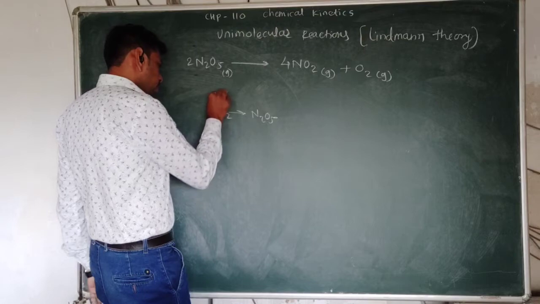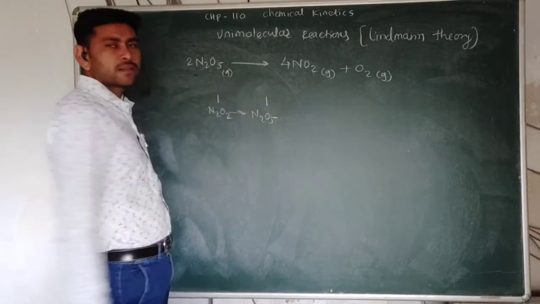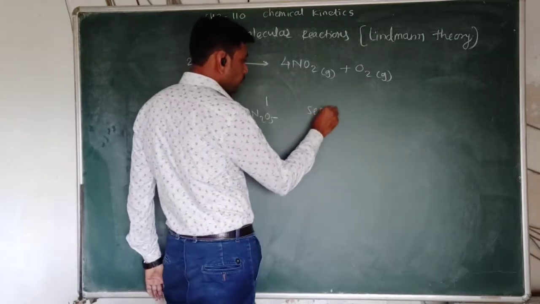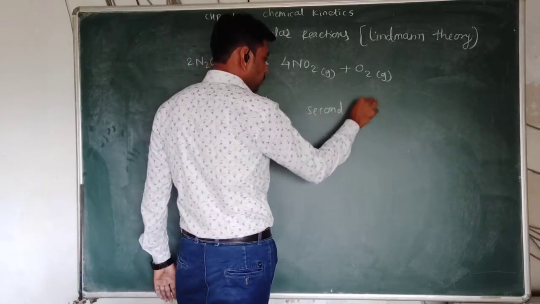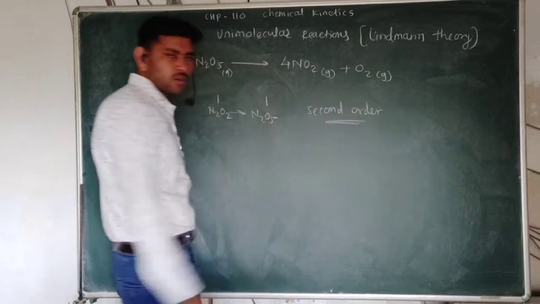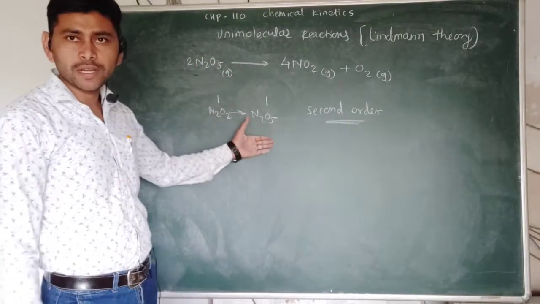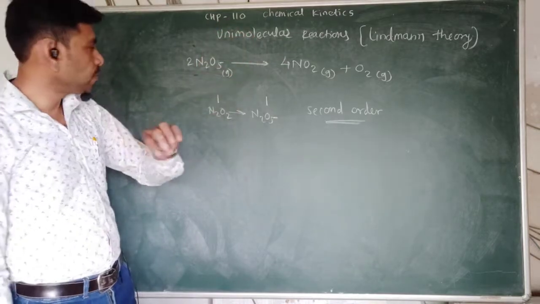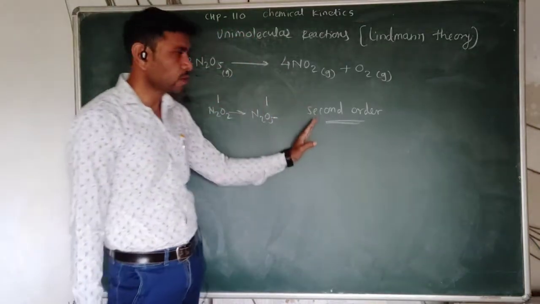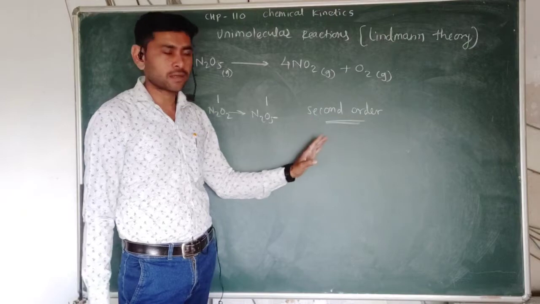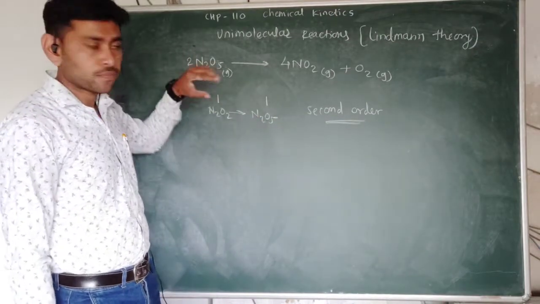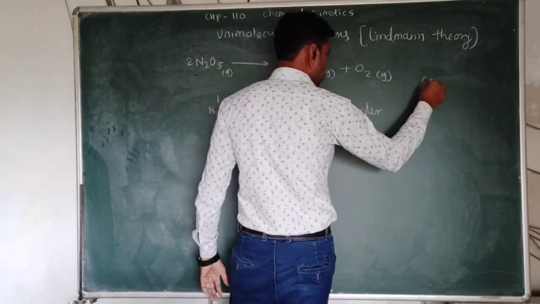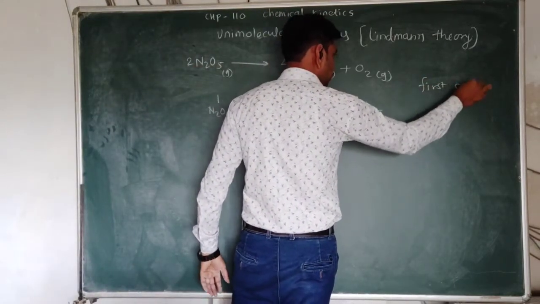But when one molecule reacts with another molecule, two molecules are involved, so the reaction must be second order, because two molecules collide with each other to acquire sufficient activation energy. So a second order reaction results, but in actuality, if we measure the order of this reaction, it is observed that the reaction is first order.